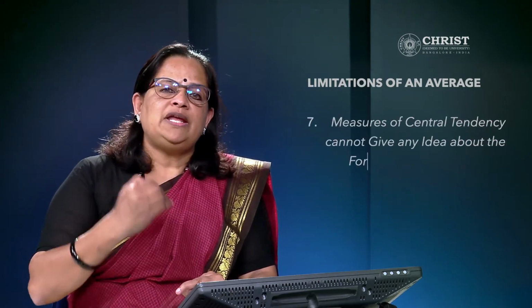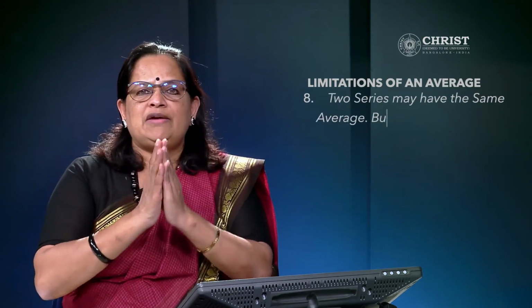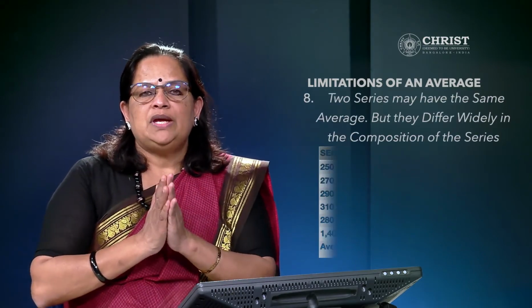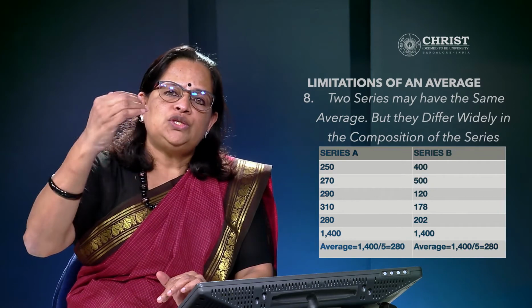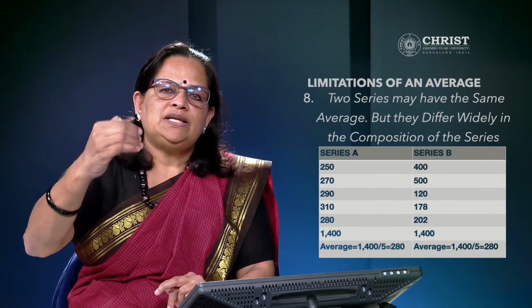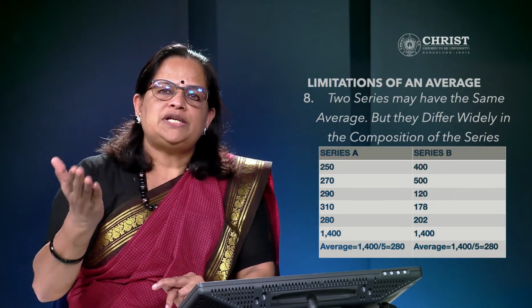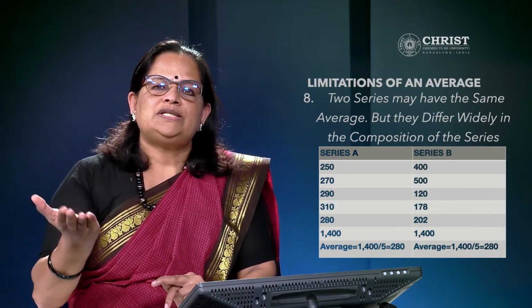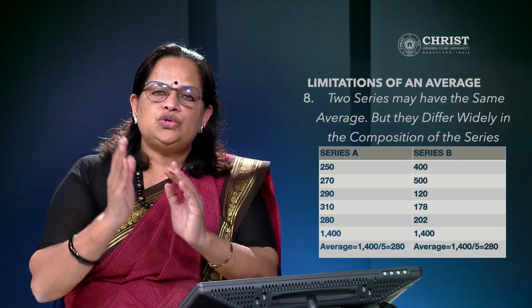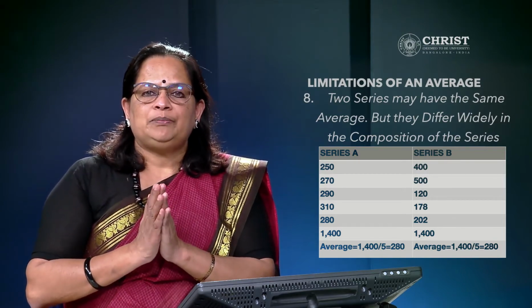The seventh point is that measures of central tendency cannot give any idea about the formation of the series. Compare series A and series B. Series A has the values 250, 270, 290, 310, 280, total 1400. Series B has 400, 500, 120, 178, 202, total 1400.